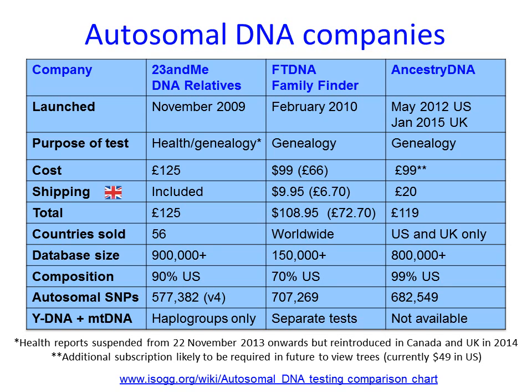Ancestry DNA launched their autosomal DNA test in May 2012, but they only launched it in the US, and they only started to make their test available in the UK in January of this year. So they started off at the beginning of this year with a database of around about 800,000 Americans.